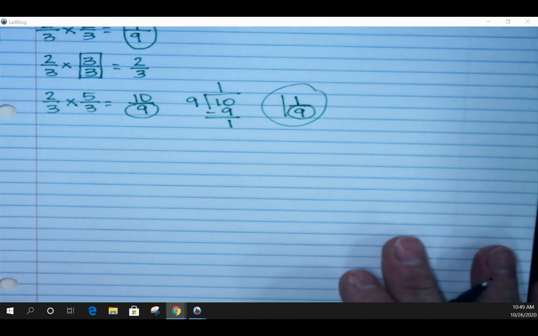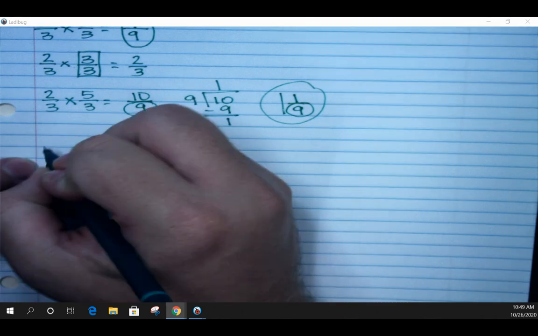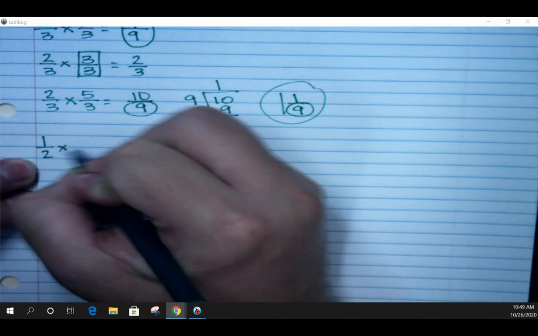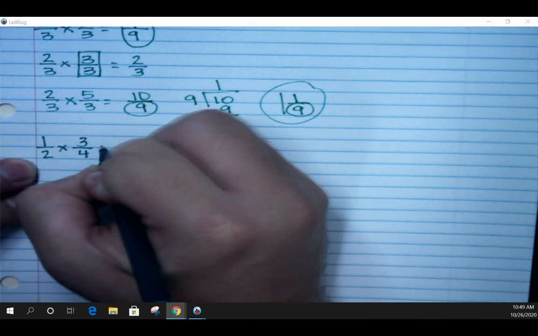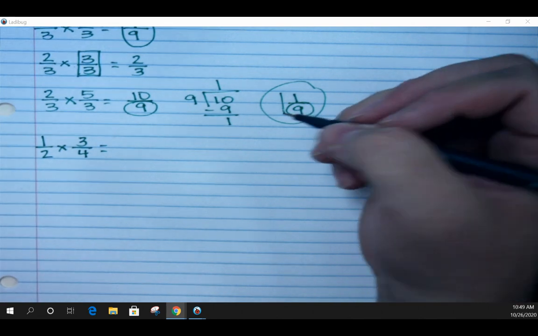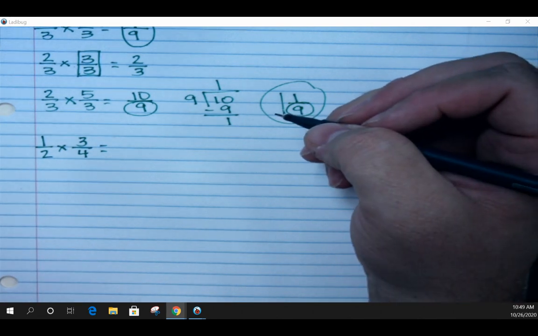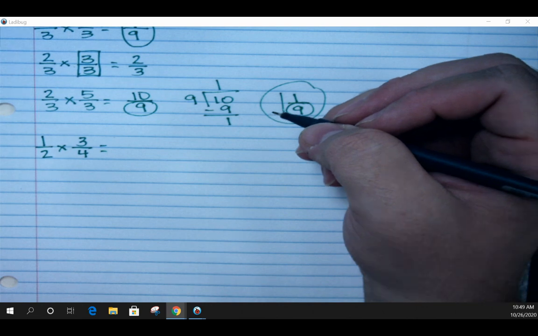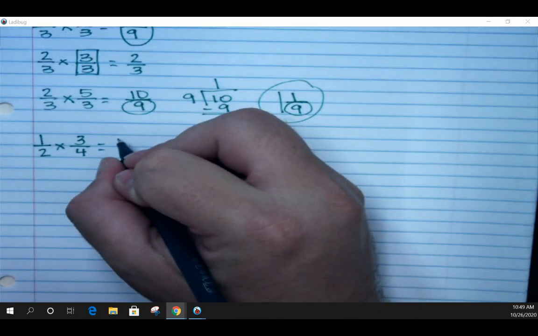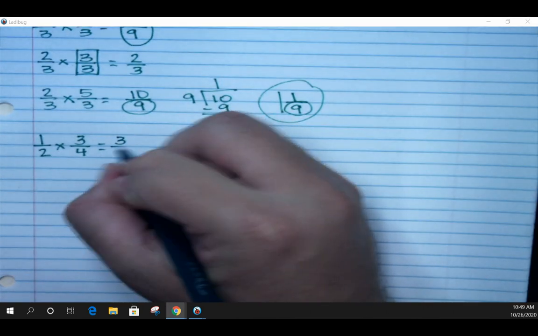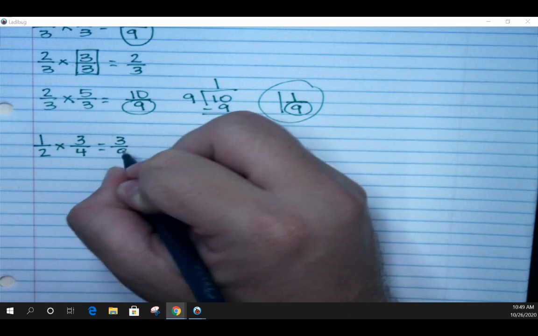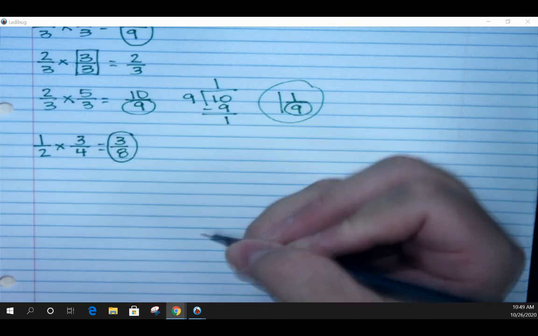Let's shake it up. Ready? 1/2 times 3/4. Because you can have any combination of 2, 3, and 4 as the denominator. 1 times 3 is 3, 2 times 4 is 8. It's simplified.